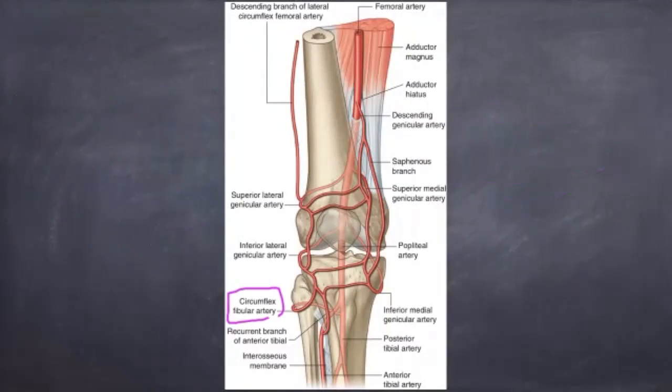You observe that one. And the recurrent branch of the anterior tibial arteries, right? This recurrent branch arises from the anterior tibial artery, right? They form the anastomosis, right? They come all the way to the knee joint, right?